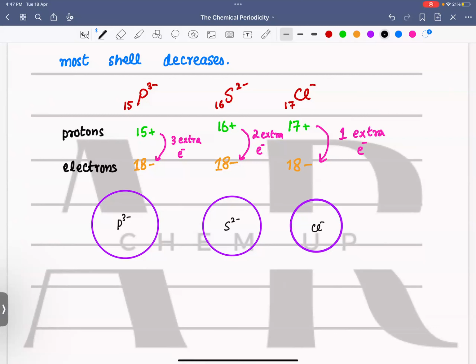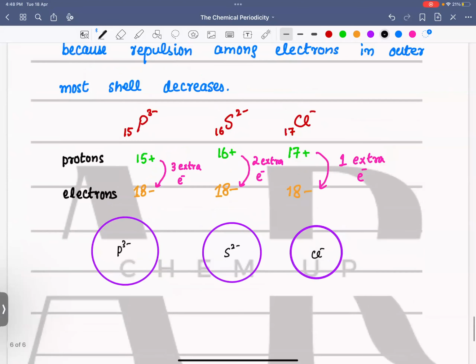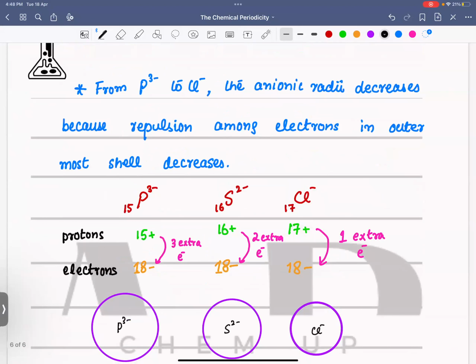Yes, is this clear? So the decrease in size and ionic radius across the period is due to the decrease in the number of extra electrons.